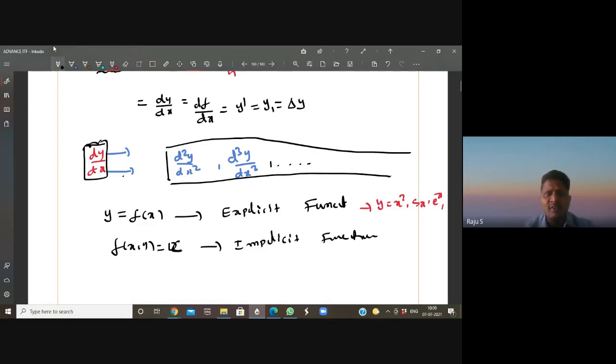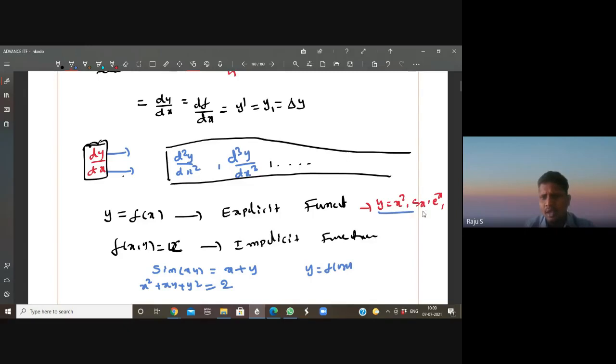Implicit functions, for example, are sine of xy is equal to x plus y, or x square plus xy plus y square is equal to 2. Can you write these functions in the form y is equal to f of x?